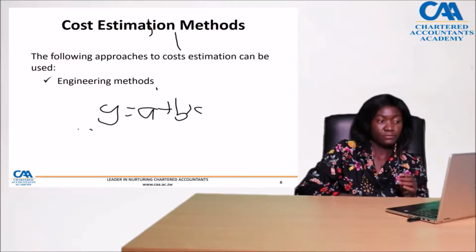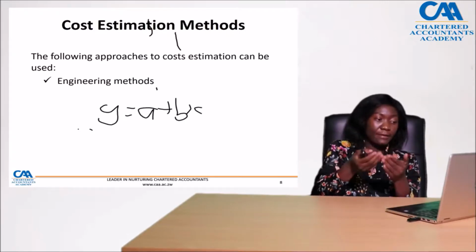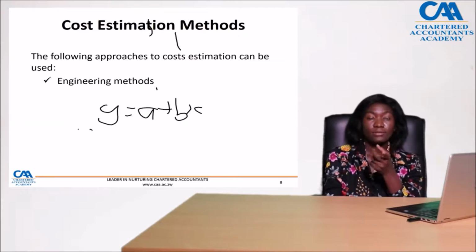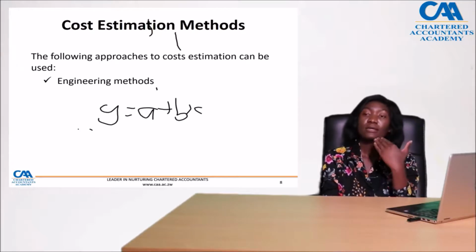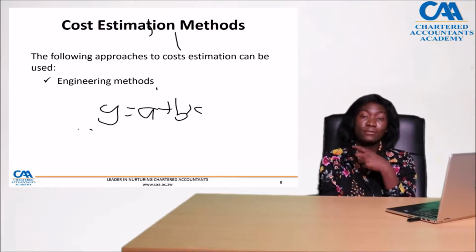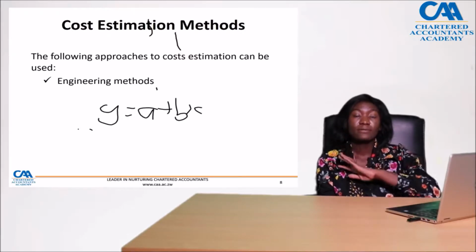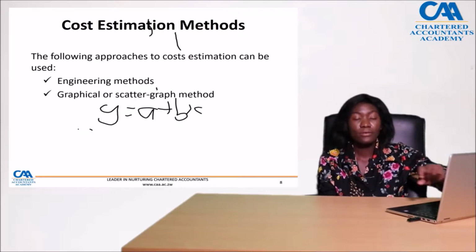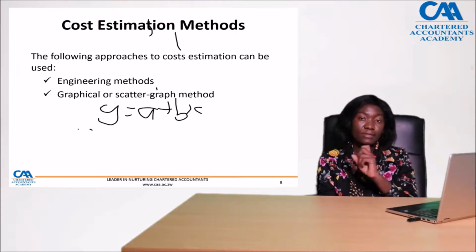We move on to the high-low method, which we are going to discuss later, and the least squares method. The least squares method is similar to the graphical or scatter graph method. The only difference is that with the least squares method, we are using statistics to come up with our estimated costs.